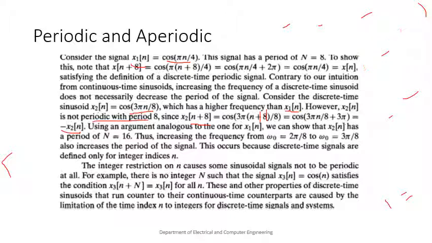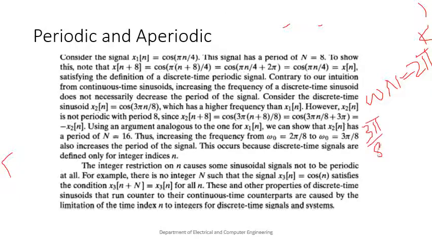So let's find out the period of this x2 of n first. How can we find the period? We know that omega n is equal to 2 pi k. Here omega is 3 pi by 8, so 3 pi by 8 times n is equal to 2 pi k. Pi cancels with pi, and then we have 3n is equal to 16k.